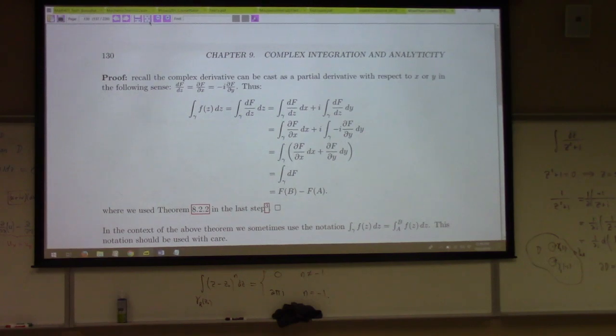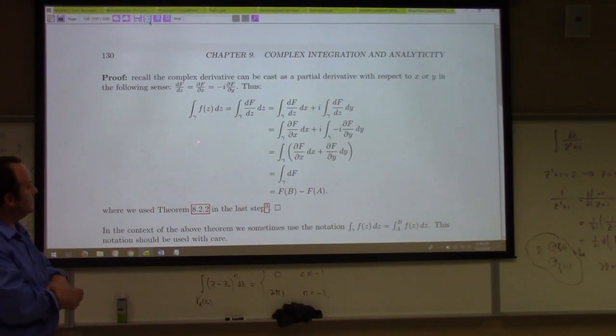Here's the proof of FTC2 I was talking about. To prove FTC2, assume that f has an antiderivative, which is df dz. But because we're talking about complex differentiable, that means that that's partial f partial x. And what is that? That's minus i partial f partial y.